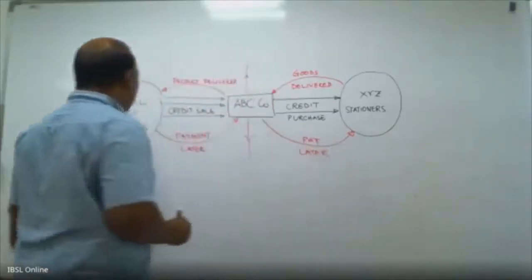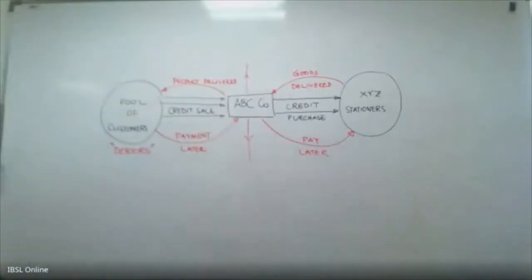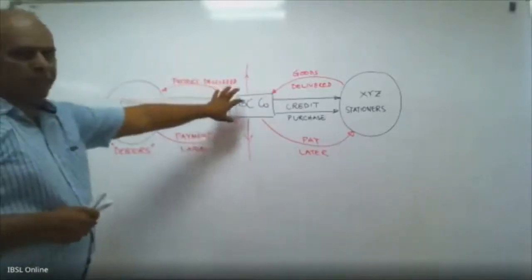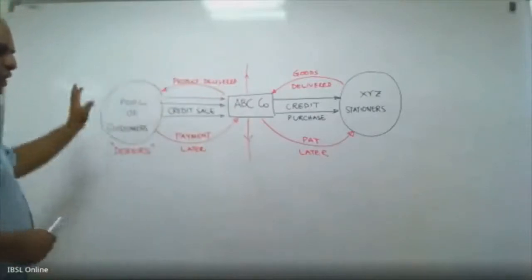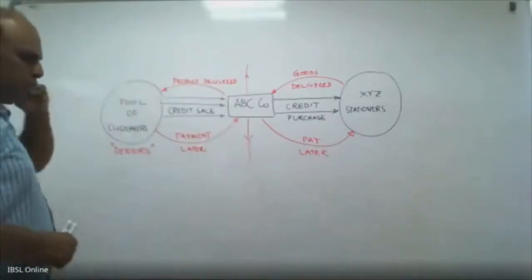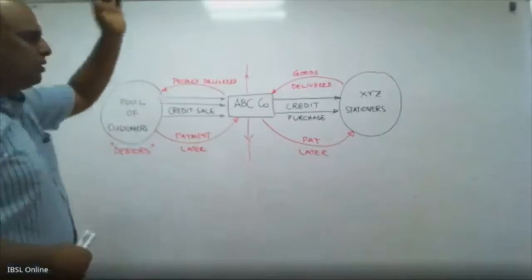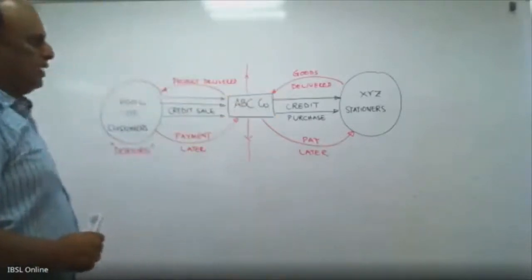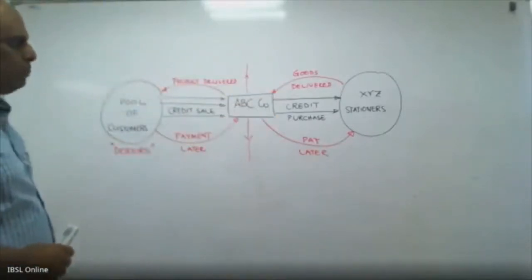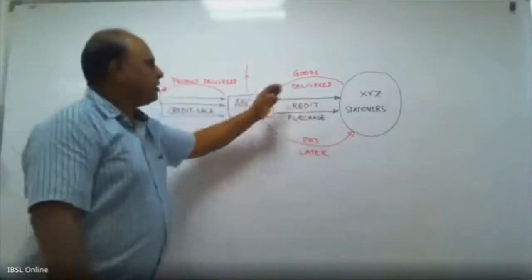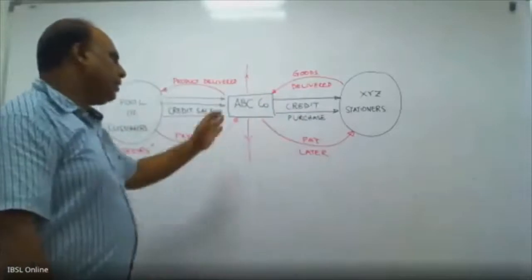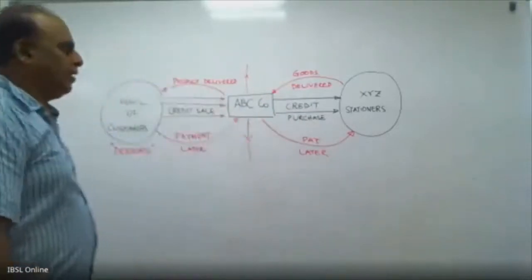You see, the same company is doing a credit sale with a pool of customers, or it could be an individual, or many. And similarly, they are doing a bulk purchase on credit terms, where they will receive the stationery immediately, but they will pay for it later.